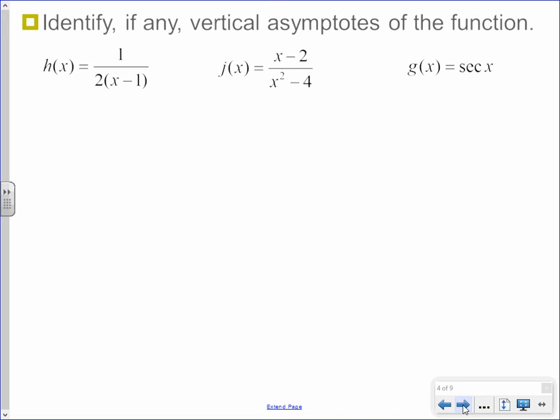Michael, is there a vertical asymptote in that equation? Where? Okay, we have a vertical asymptote at x equals 1. That fraction cannot reduce anymore, and so where the denominator is 0 is the vertical asymptote.